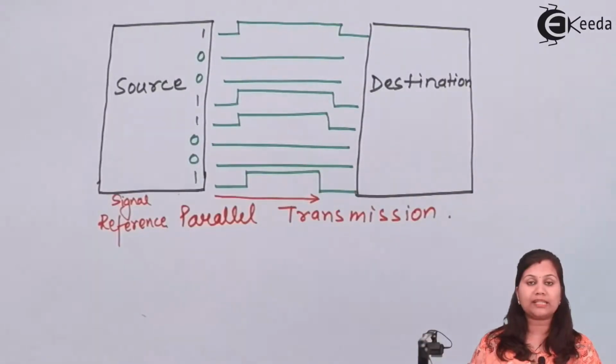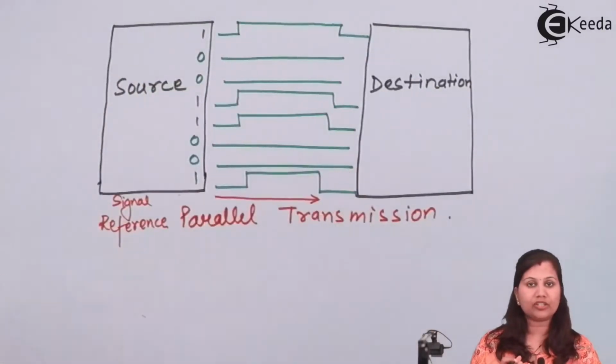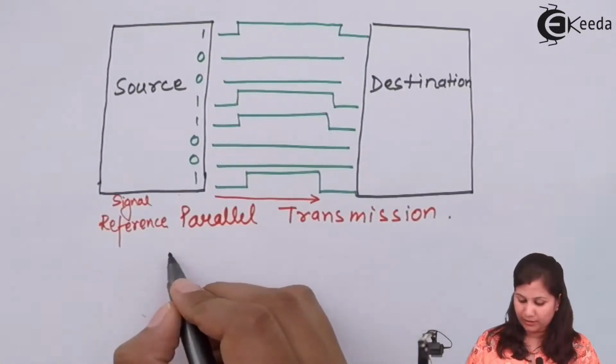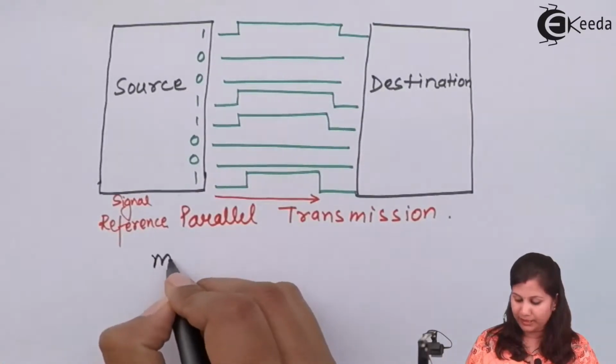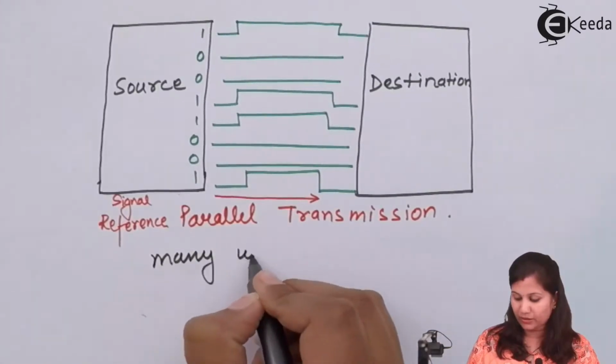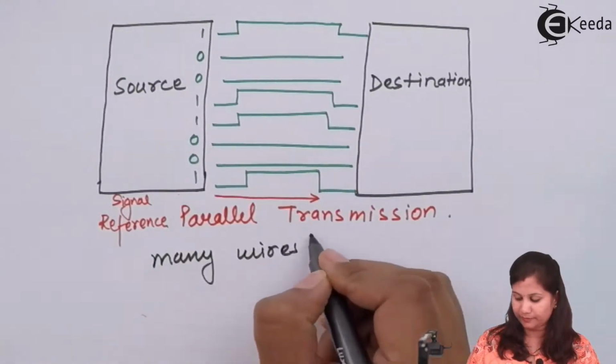If we are transmitting 16-bit data, we have to use 16 lines. If transmitting 32-bit data, we have to use 32 lines. So according to the data, the lines used to transmit the data increase. So here, many wires or lines are used.